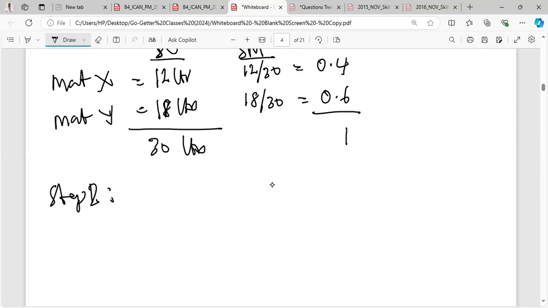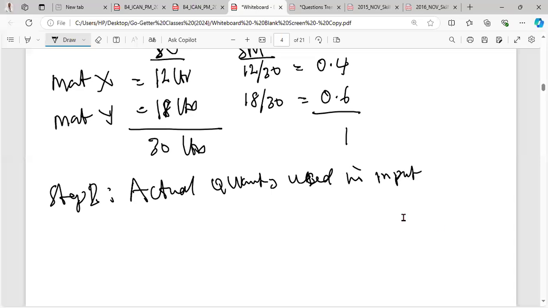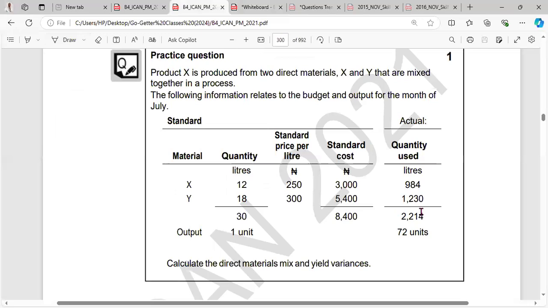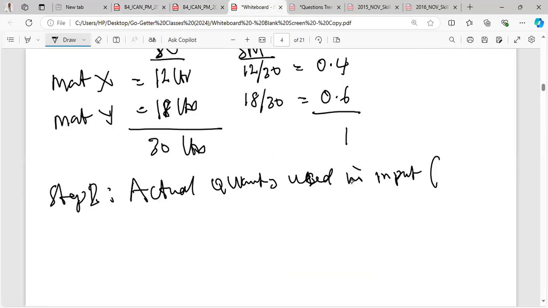Step 2, actual quantity used in inputs. What is the actual quantity used? 2,210 and 214. So we have 2,214 liters.